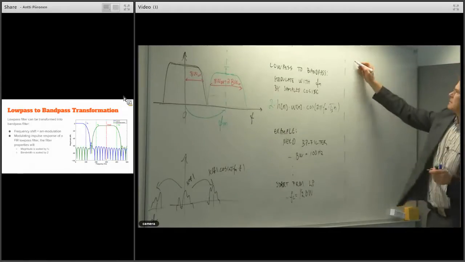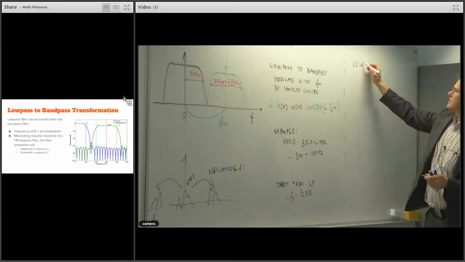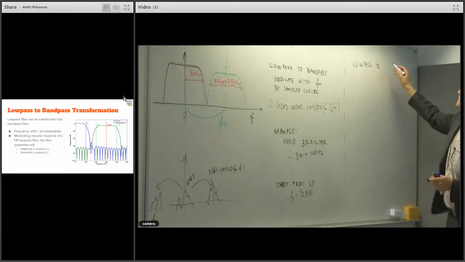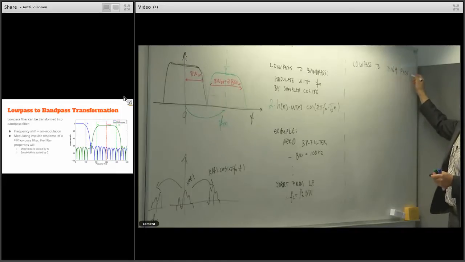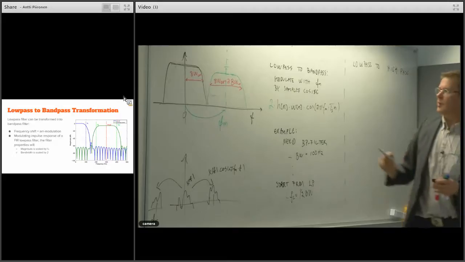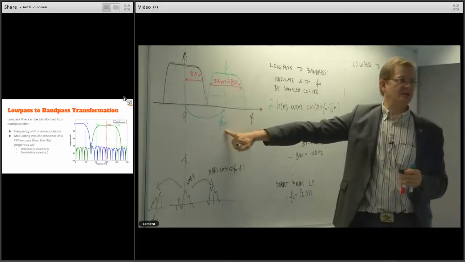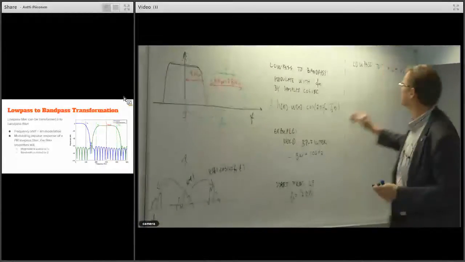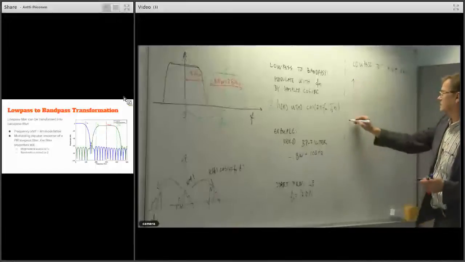Then another transformation is low pass to high pass. This is also simple. How about if this one was the Nyquist frequency? So we start from the low-pass filter again.